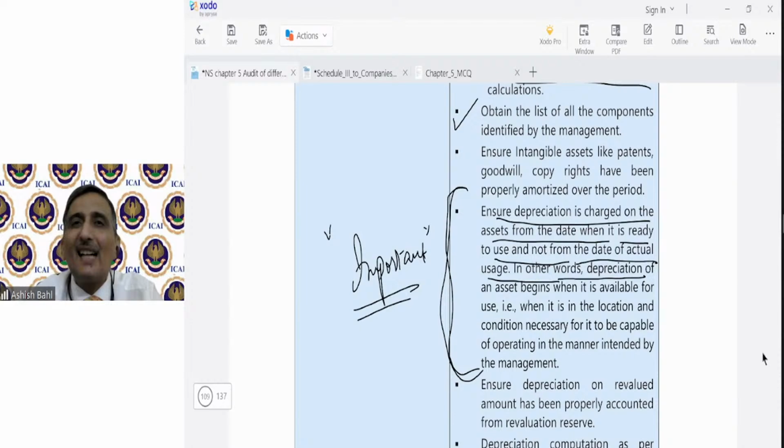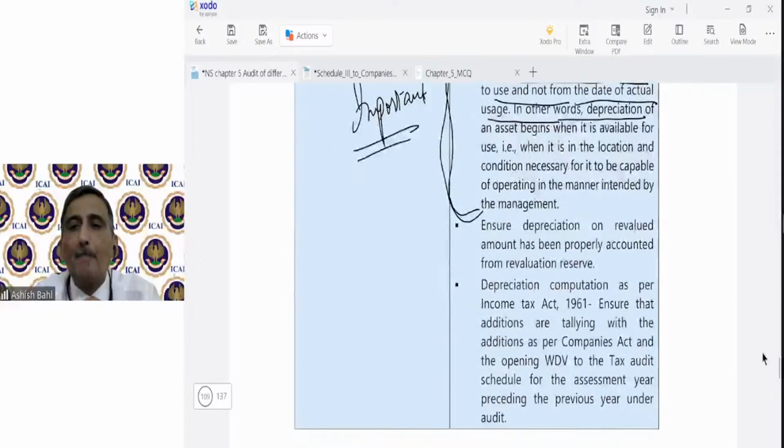Its countdown has started from the period when it is installed in proper condition, all parts have been assembled and the machinery is ready for use. So this is also an important point.